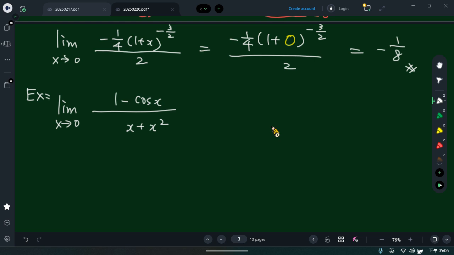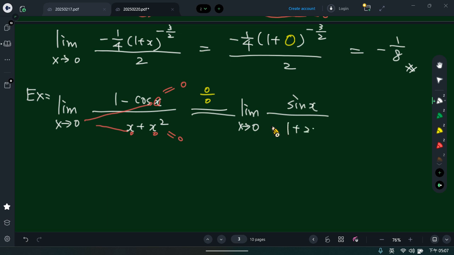If I use 0 to replace x, then you can get 0, then 0, 0, so it is 0. So you can see this is 0 over 0. So we can continue to calculate the limit as x is equal to 0 of sine x over 1 plus 2x.